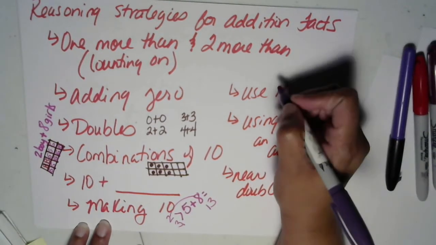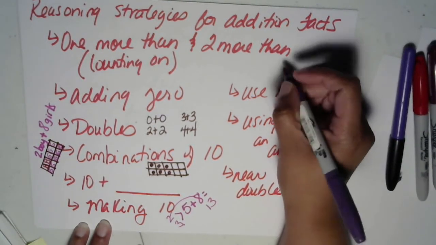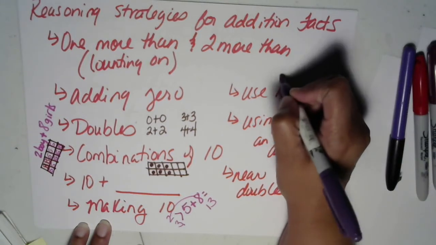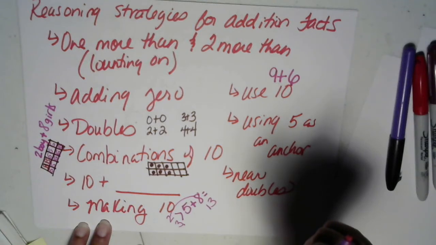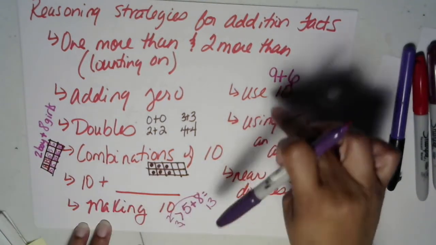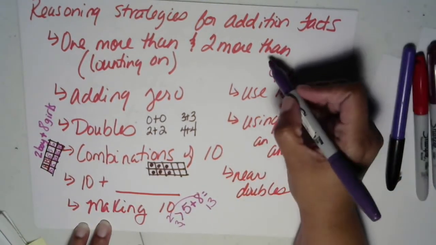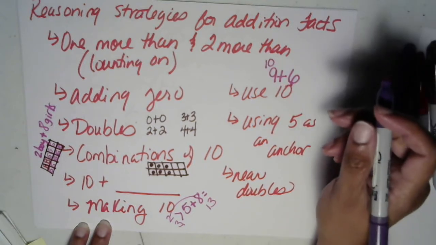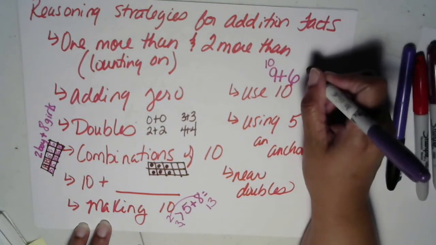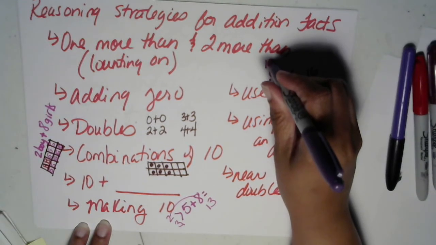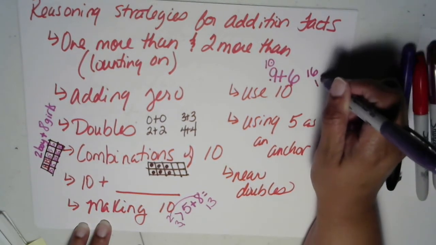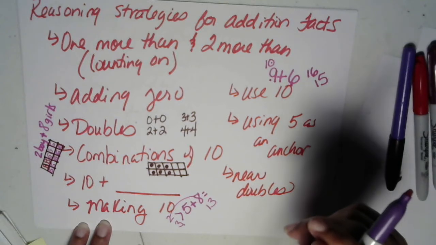So you can do the problem 9 plus 6. We want to use 10. So I'm going to just pretend this is a 10. And then 10 plus 6 is 16. But this is one less than 10, so I need to take that one away.